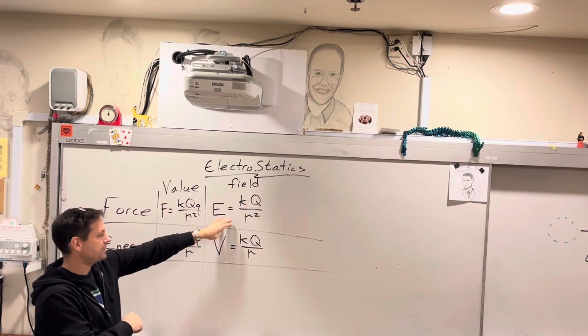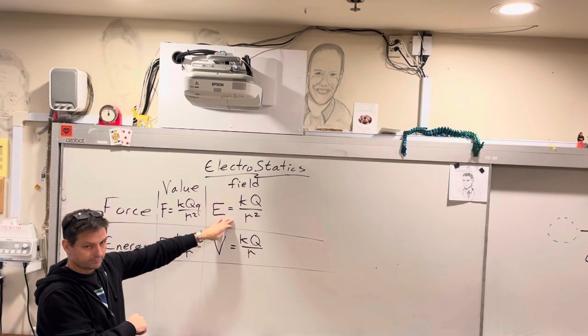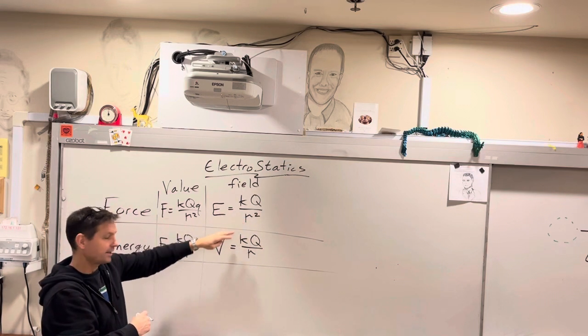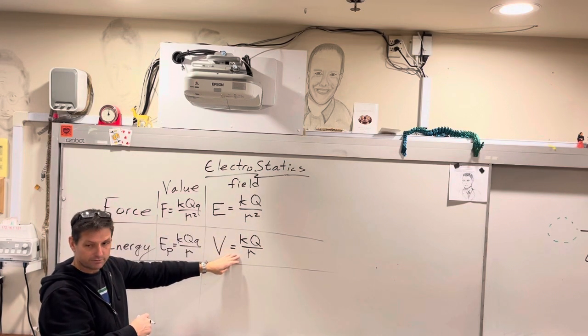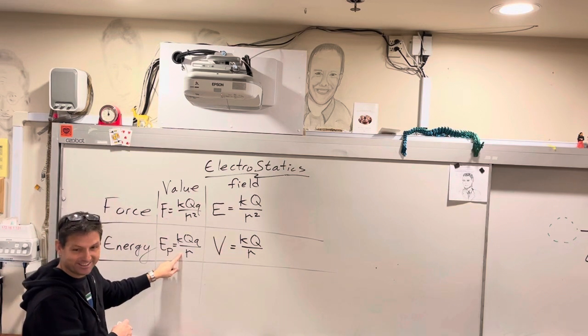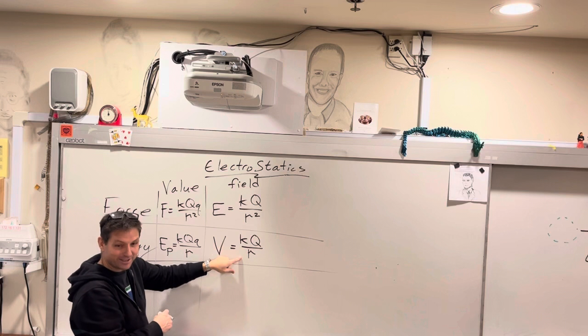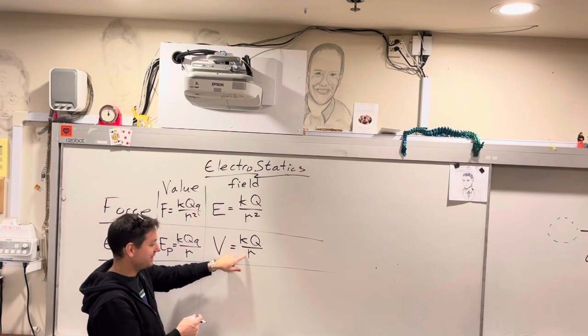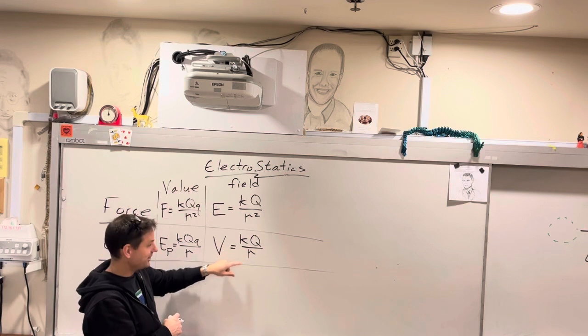So this is like potential force per coulomb of thing that you put at this distance. And this is potential energy. Even though we call this potential energy, this is the potential of energy we would have per coulomb of thing you put at this distance. Okay.